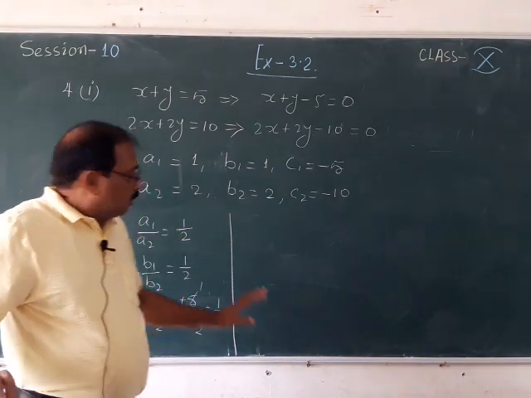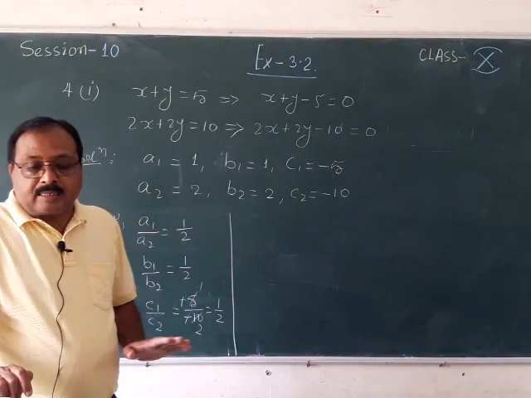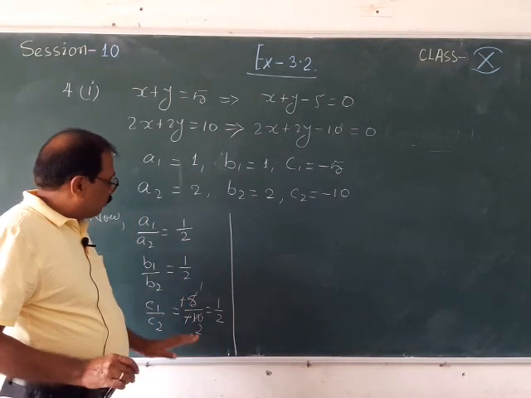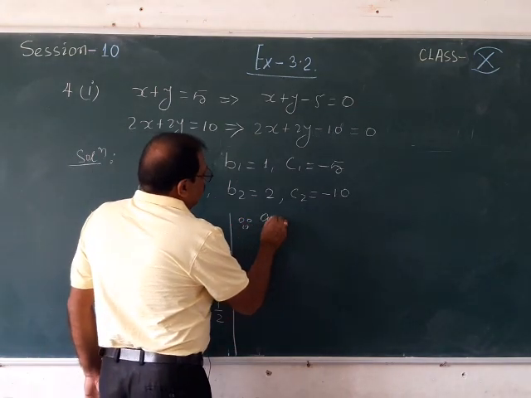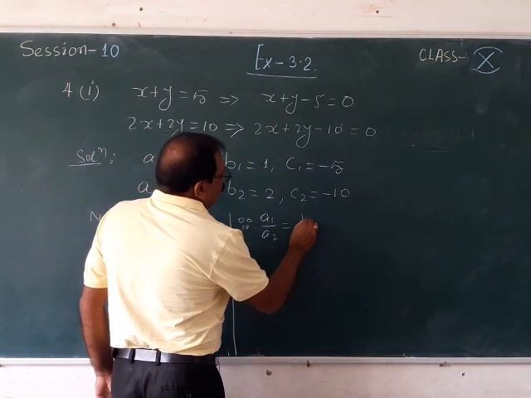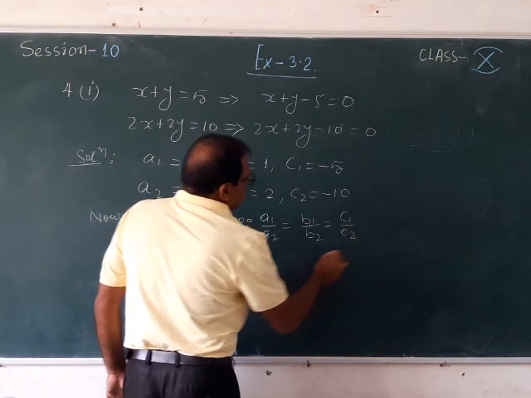Therefore, it is clear that the system of equations is consistent, since we will write a1 by a2 is equal to b1 by b2 is equal to c1 by c2.